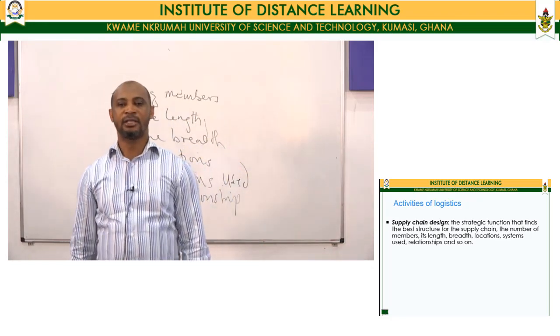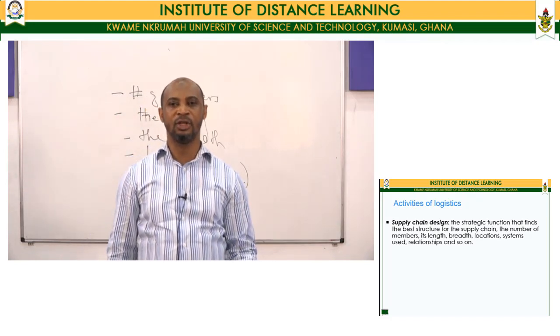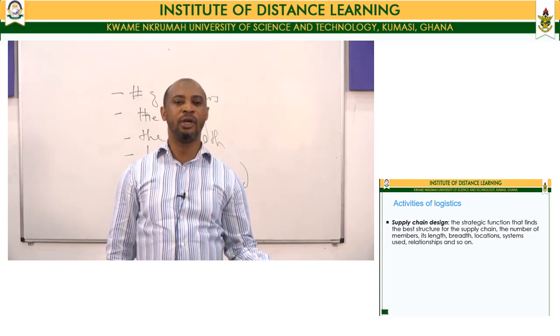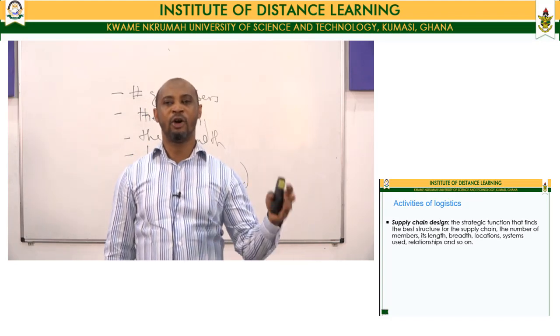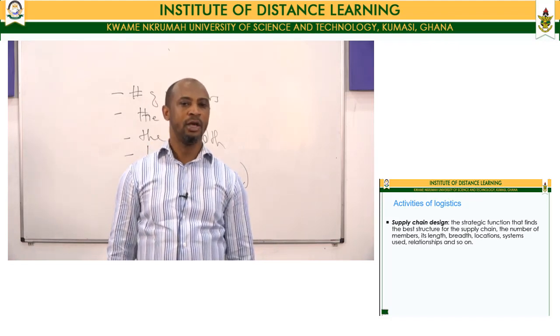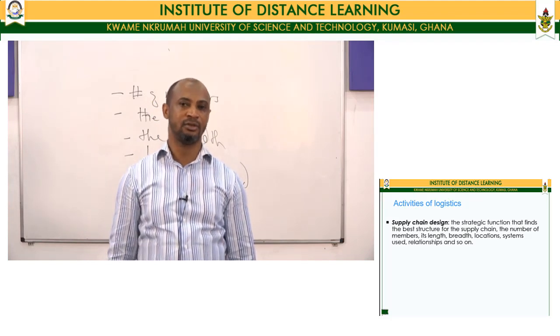So, just to alert you, for the purposes of multiple choice, you can be asked, for example, which of the following is not part of supply chain design? Or it can come in the form of the aim of logistics activities.